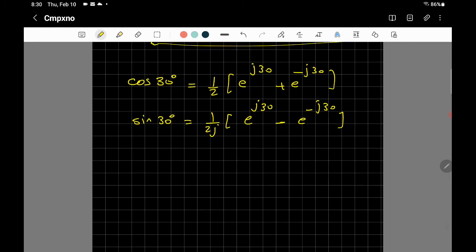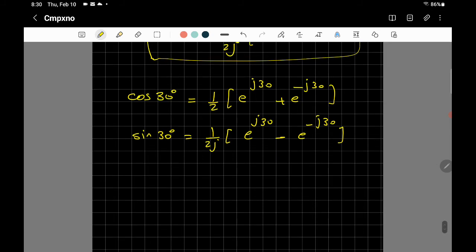There are, of course, certain special cases. Let's say, what is e to the j pi? You remember, I'm going to use this with theta. It's equal to cosine pi plus j sine pi.